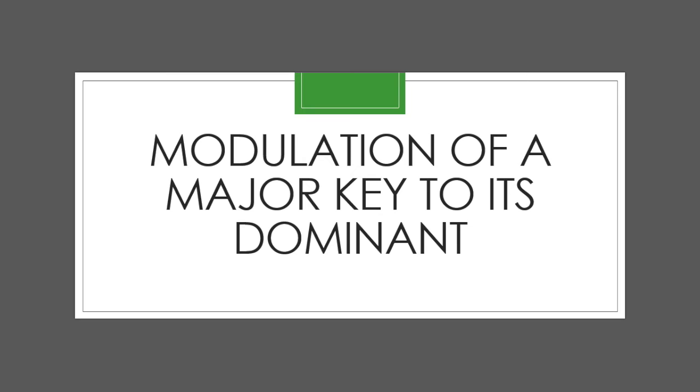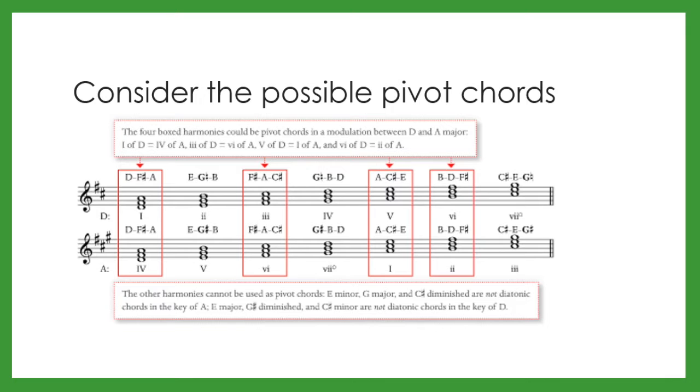One of the common modulations is from the major key to its dominant. As we can see in the Mozart example, D major to A major is the perfect example of modulating from a main key to its dominant.